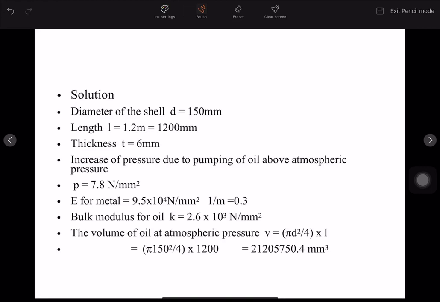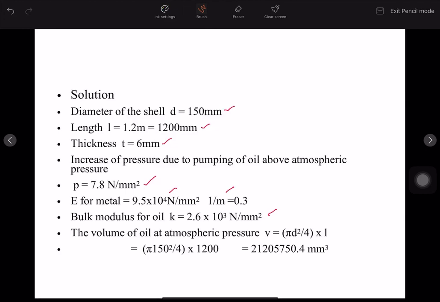So if we go into the solution, given diameter is 150 mm, length is 1.2 meter, that is nothing but 1200 mm, thickness is 6 mm, and P is 7.8, and E, mu and K values are given. So initially we find the original volume of the oil before pumping.